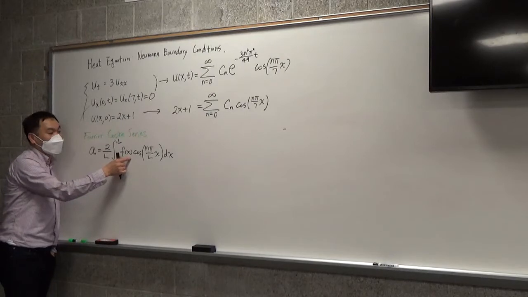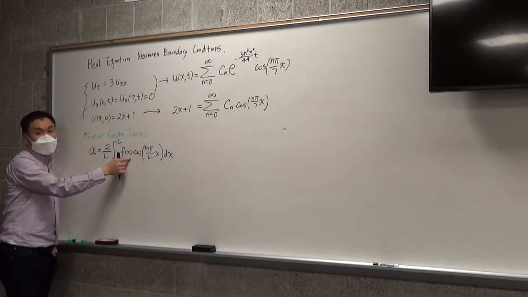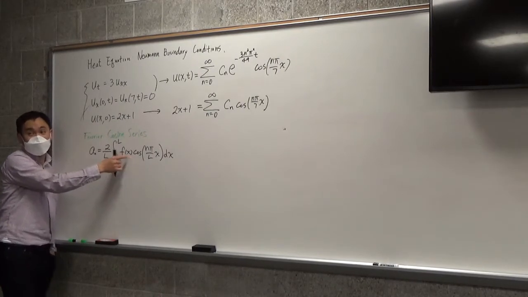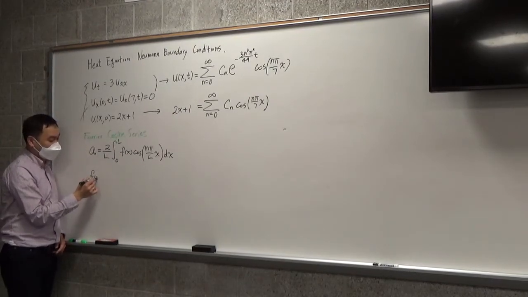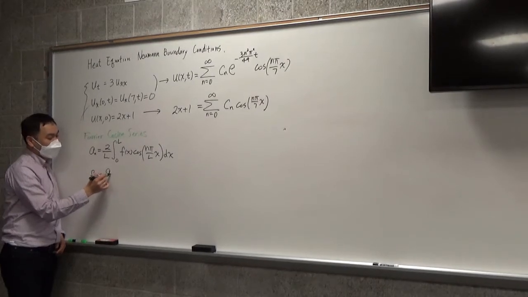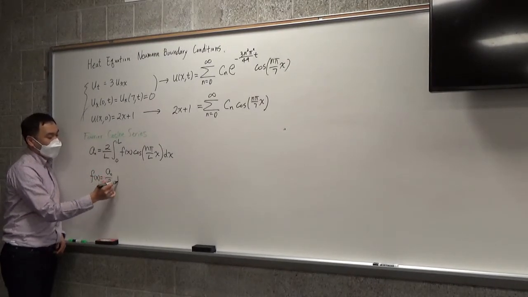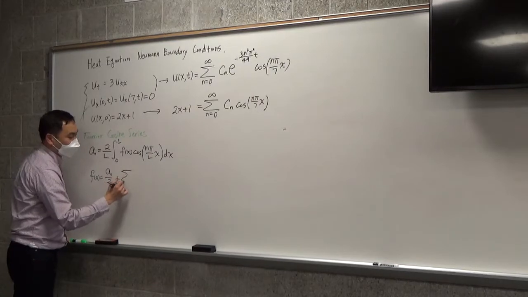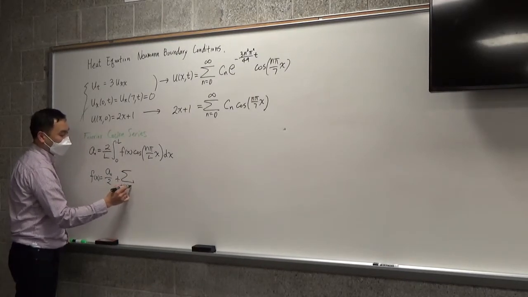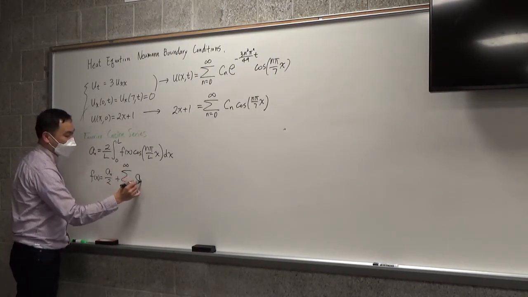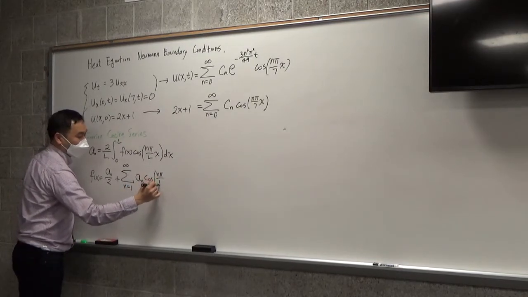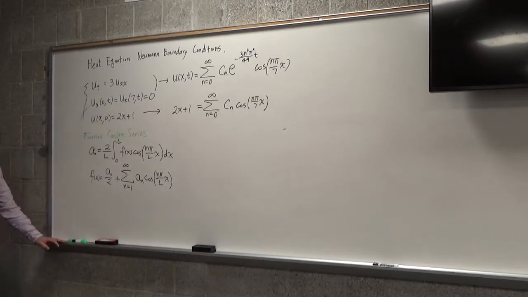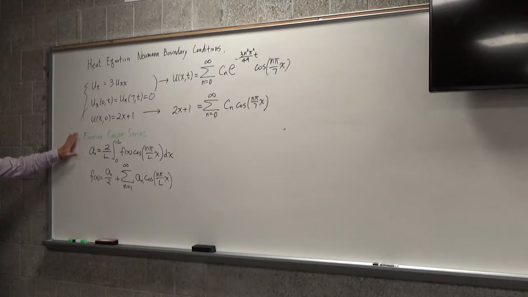And we're assuming that the function f(x) is any function that's defined from 0 to L. Then once you get these an, you can say that f(x) must equal a0 over 2 plus the summation of n from 1 through infinity of an cosine(n pi over L x). So these two are the formulas for the Fourier cosine series.